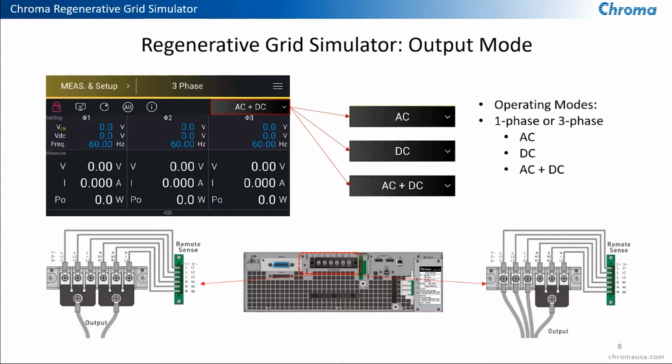It also has a selectable AC or DC output with a maximum of 15 kilowatts, 495 volts, and 78 amps DC output. And if we look at this image here, we can select the AC or DC output from the front panel screen.